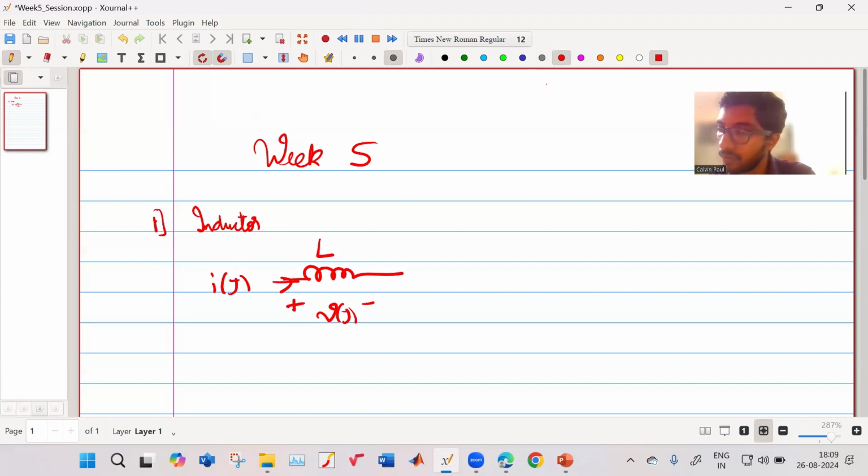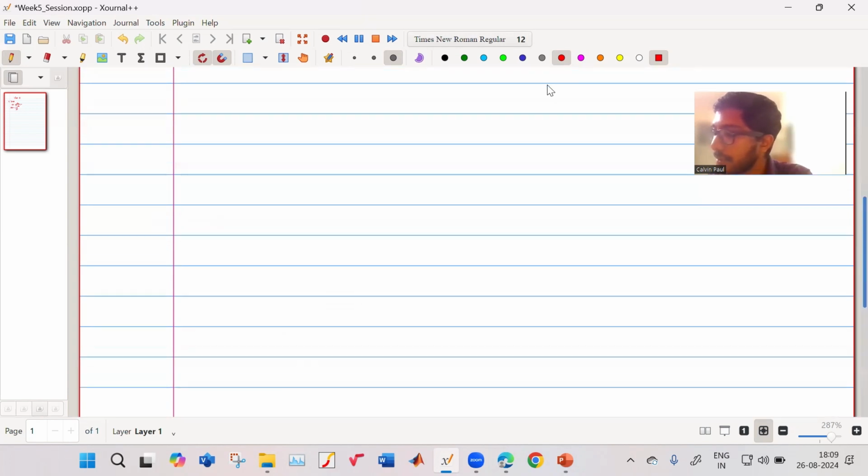So we know that this is given by L di by dt. The voltage across the inductor is dependent on the rate of change of current across the inductor.